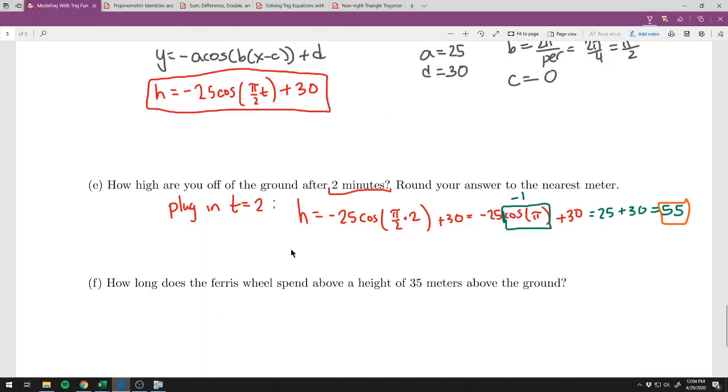All right, so let's go ahead and write that down. We want to find the two solutions when we set our equation for our height, which is from part D, equal to 35.